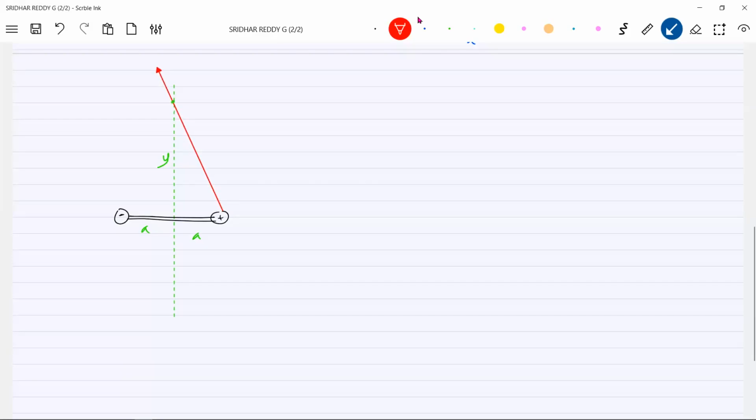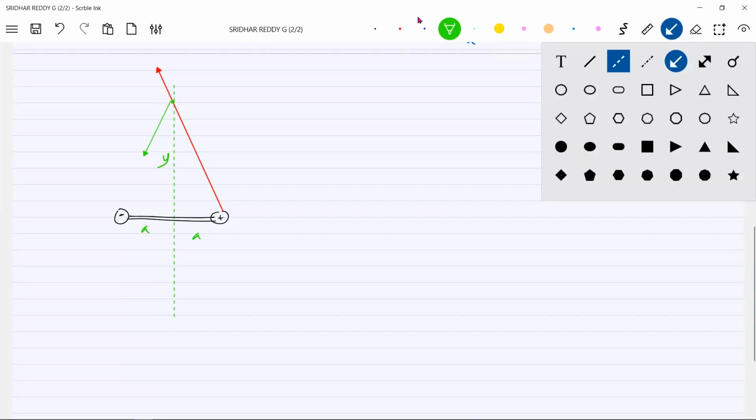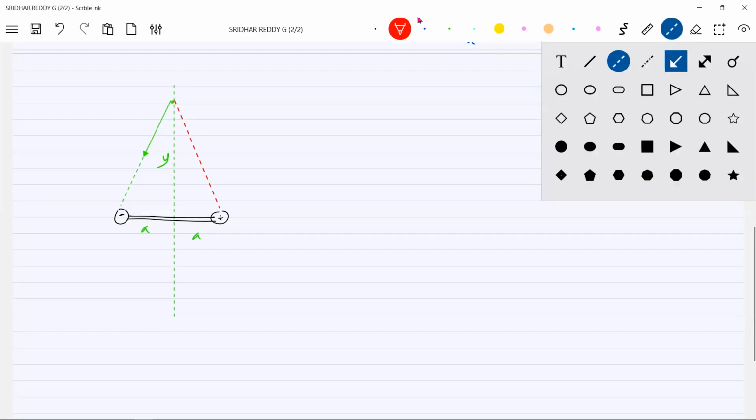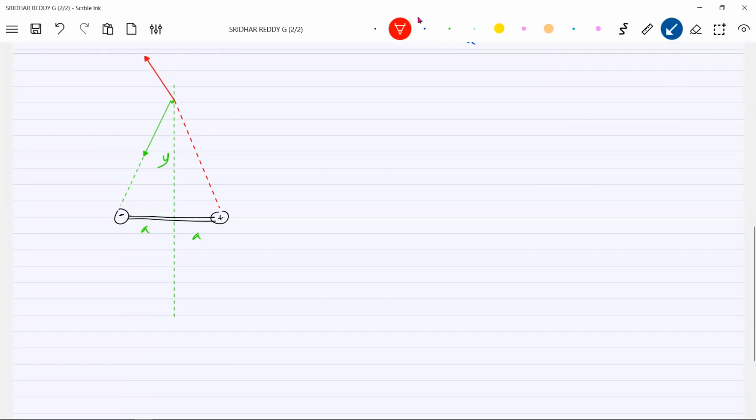And due to the negative charge, the field should be directed like this. Let me give the color first, and then I'll bring the arrows. Okay, fine. So what is this? This should be E plus. This should be E minus.